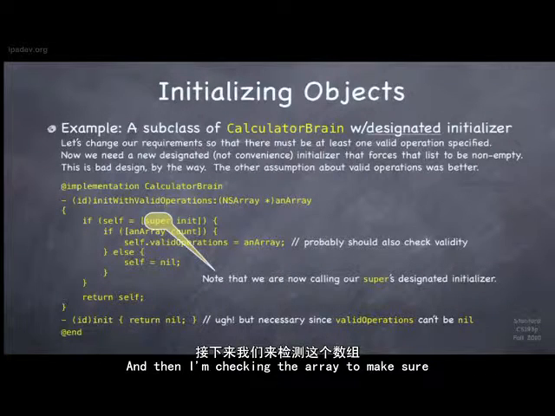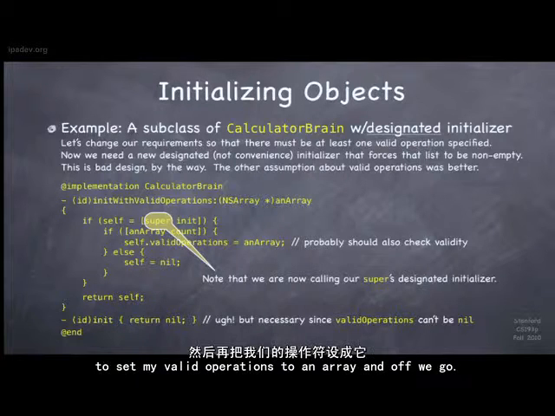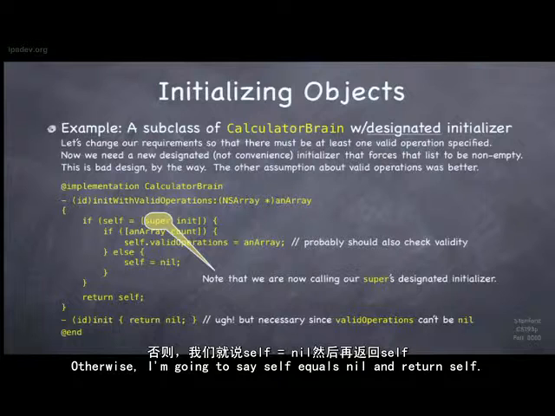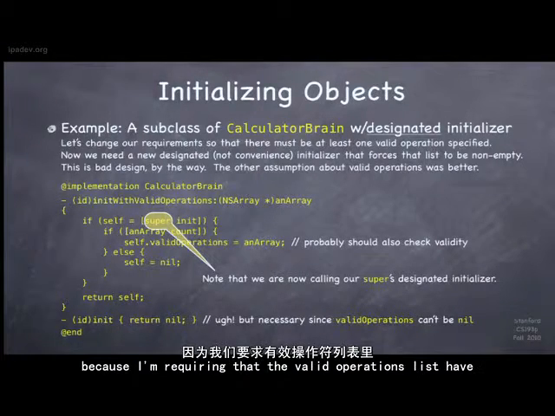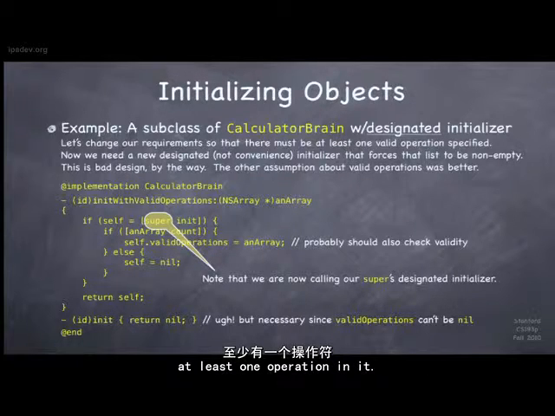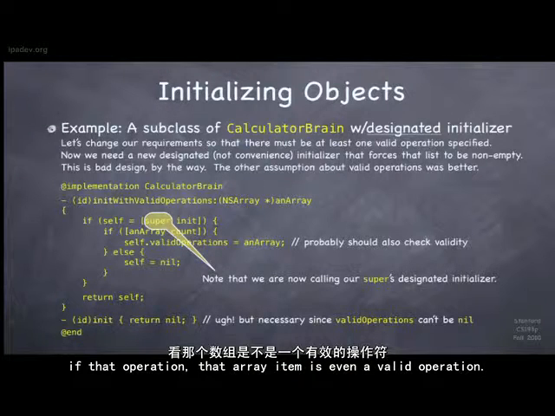And then I'm checking the array to make sure it has something in it. And if it does, then I'm going to set my validOperations to the array, and off we go. Otherwise, I'm going to say self = nil and return self. In other words, I'm going to fail to initialize, because I'm requiring that the valid operation list have at least one operation in it. I should probably go on to check if that array item is even a valid operation.